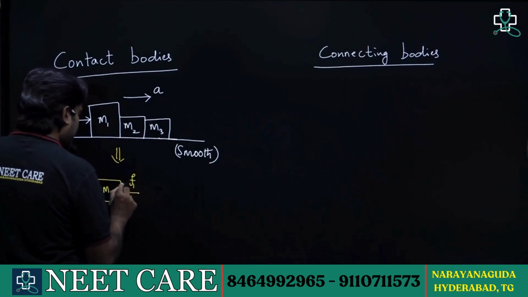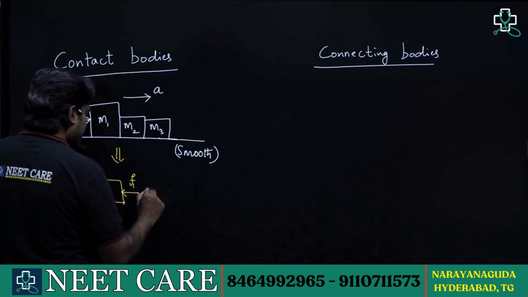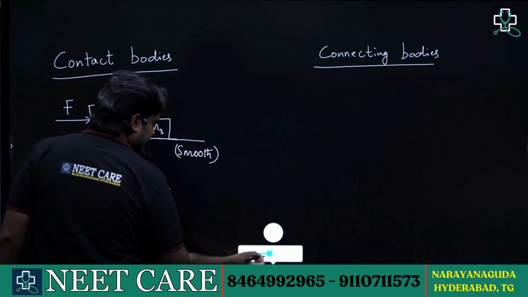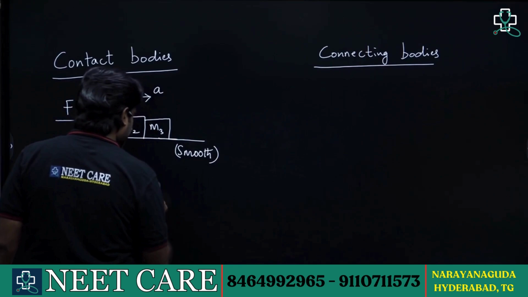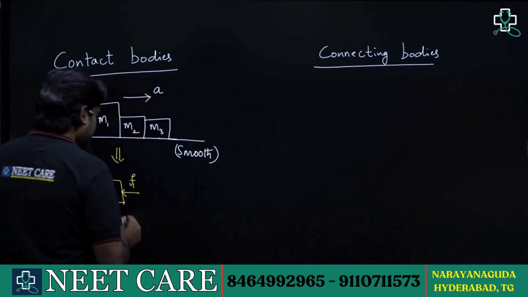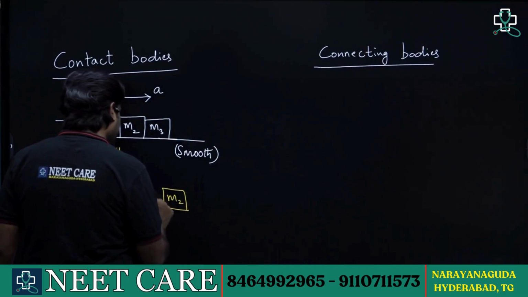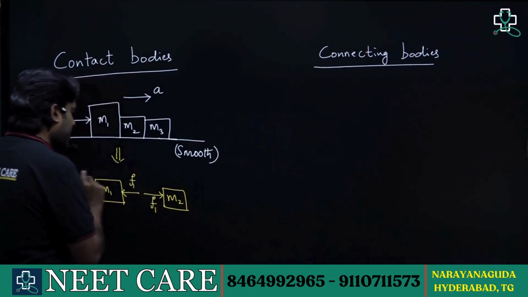Let's consider F1 is the contact force between these two. The F1 contact force on m1 will act like this, but the same contact force acts on m2, this is m2. If F1 is the contact force between m1 and m2, then the direction of contact force will be like this.